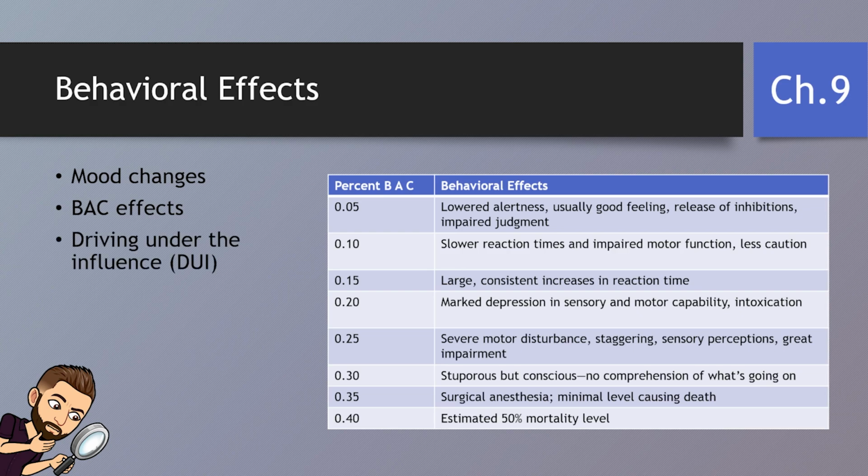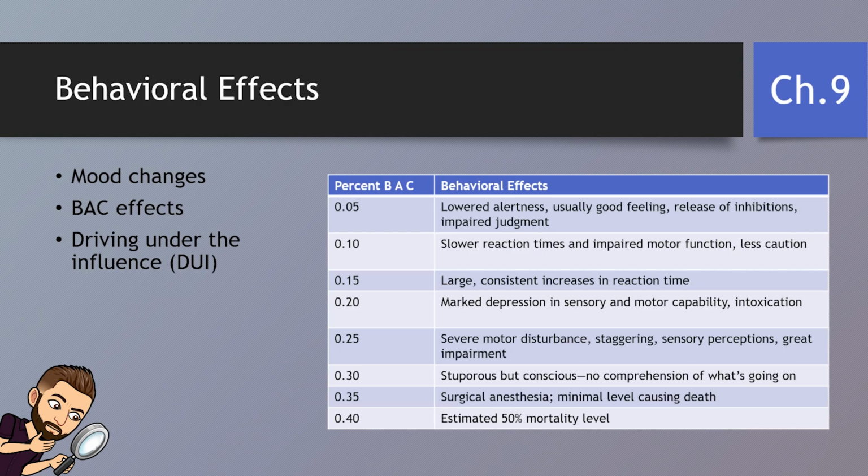Of course, when we're talking about BAC levels, we can bring in some behavioral effects like driving under the influence, or DUIs. This is a huge concern with alcohol, and one of the leading causes of death in the US. It really is a factor of people overestimating their ability to operate vehicles while under the influence of alcohol.